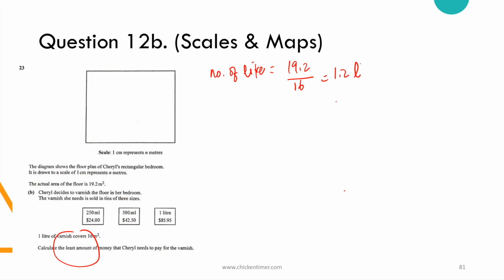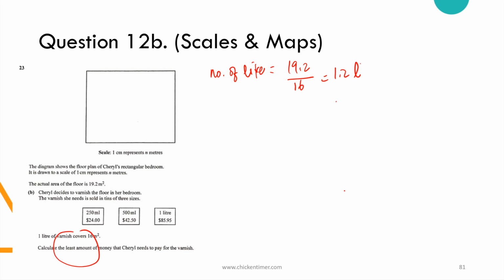Then the varnish is sold in 3 different sizes. You have the 250 ml, the 500 ml, and the 1 liter. So you have to figure out how many tins she needs to buy, and also which tins to buy.